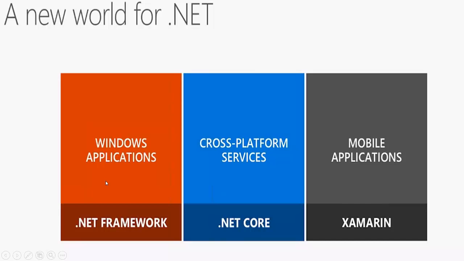There is something called .NET Framework, which is entirely based on the Windows kernel. That means it is entirely meant for Windows OS. There is a cross-platform stack named .NET Core, which means the bare minimum items which can run across platforms. That means it can be run on Windows, Linux, Mac or Docker, anything.